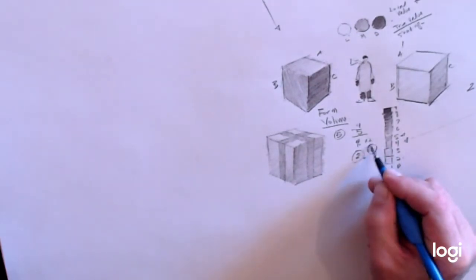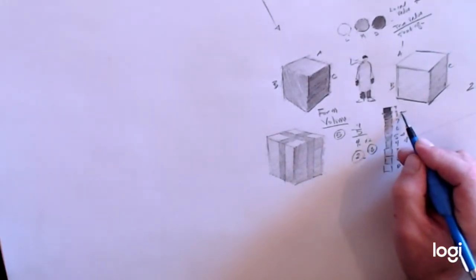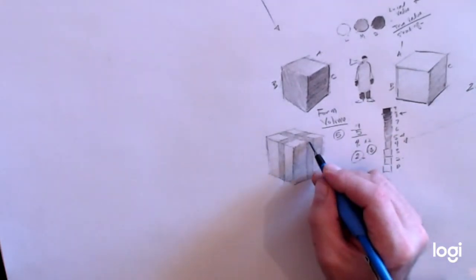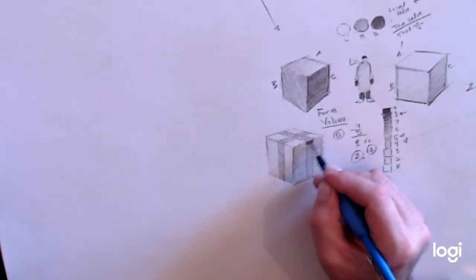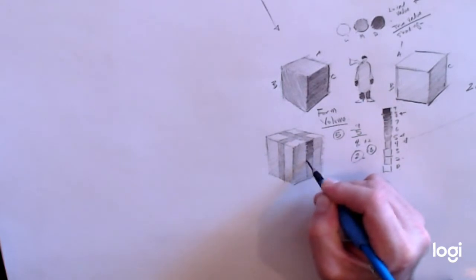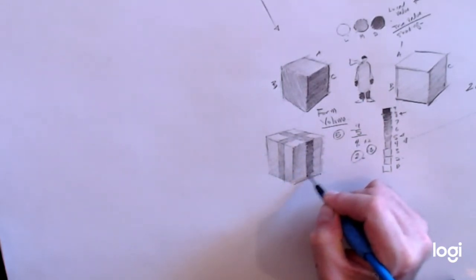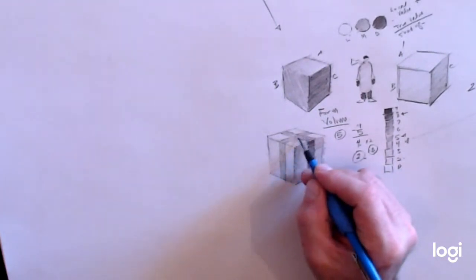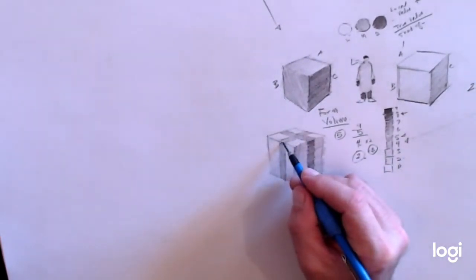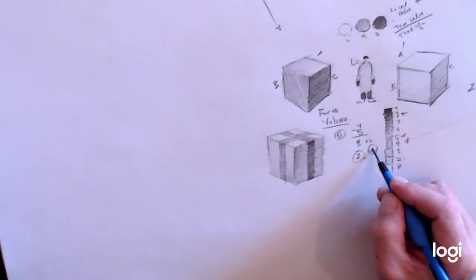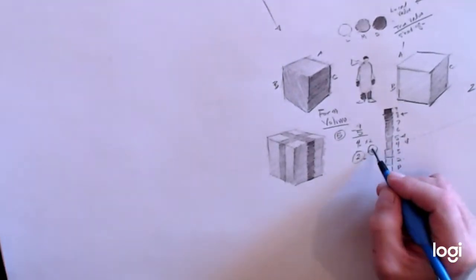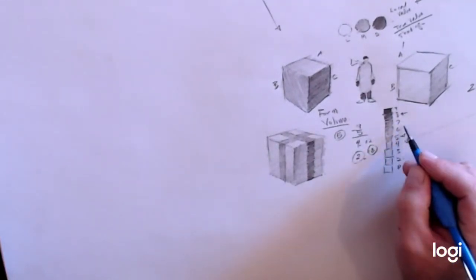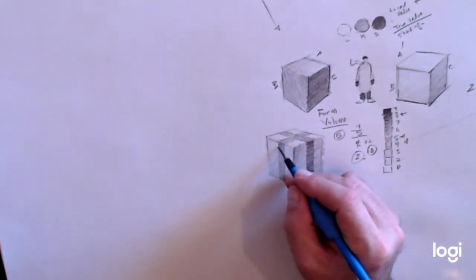So for our shadow value of this middle thing, we're going to assign it an 8. And here, we're looking for a value in between the 5 that we started with and the 8. We're looking for a middle, so we'll make it like 7.5.